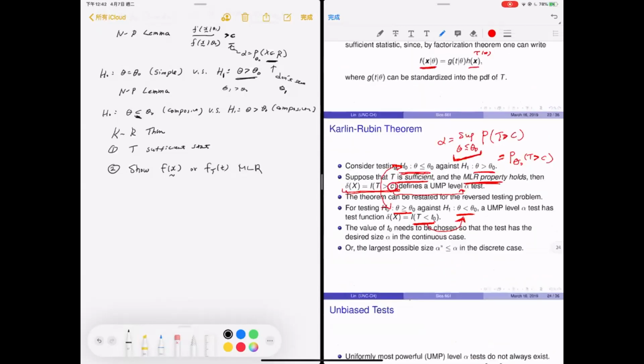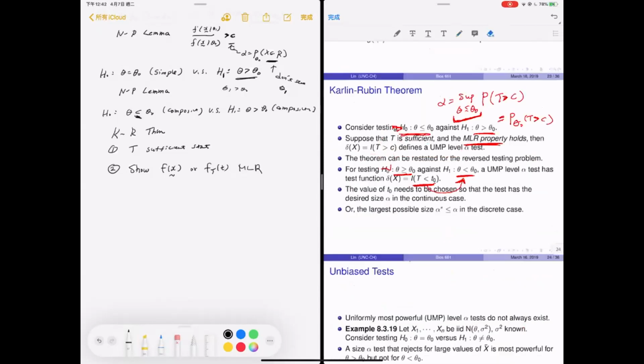Then it's going to switch the signs, which means that even for the same hypothesis, if you find your ratio of two PDFs is a decreasing function of the sufficient statistic, everything is switched. Bigger becomes smaller and smaller becomes bigger.